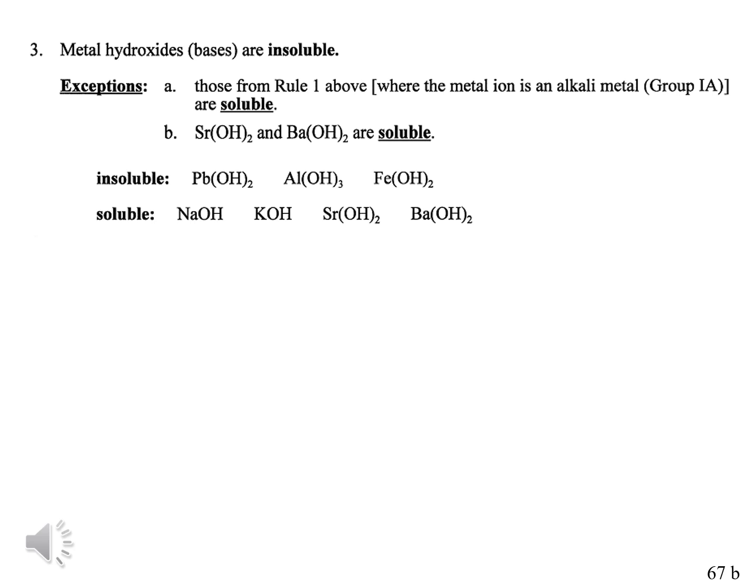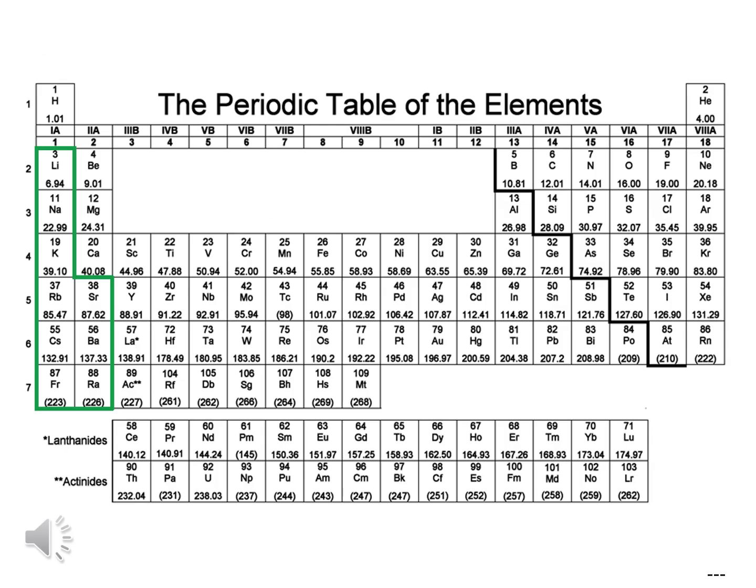And then there's 2 others, which you need to be familiar with for problems. Strontium hydroxide and barium hydroxide are also both soluble. All the rest of them are insoluble. I want to show you why strontium and barium hydroxide are important. The ions in green are the ones that are soluble hydroxides.